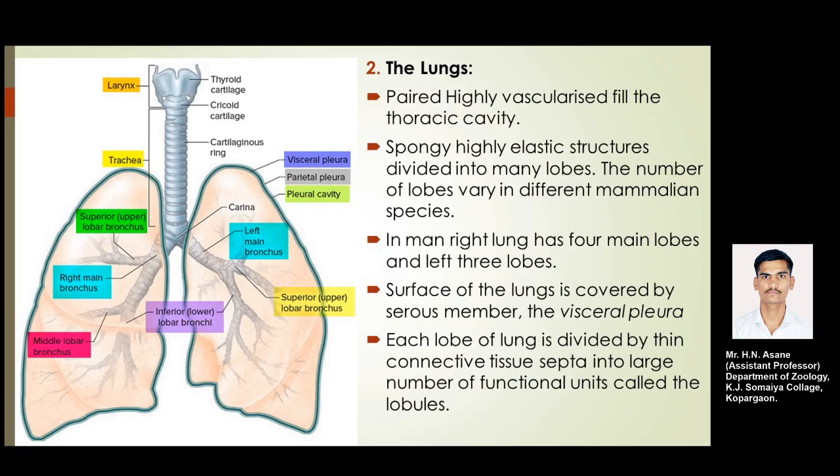As you see in this picture, it has three parts: the visceral pleura, the inner part, then the parietal pleura, the last part, and in between them there is the pleural cavity. That pleural cavity helps the lungs to shrink and to expand. It provides the space for the expansion as well as the shrinking.